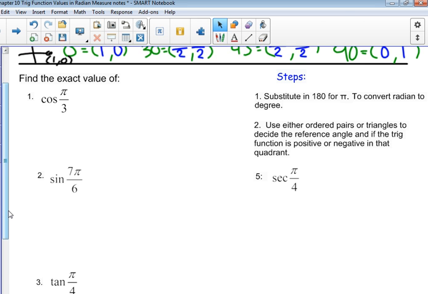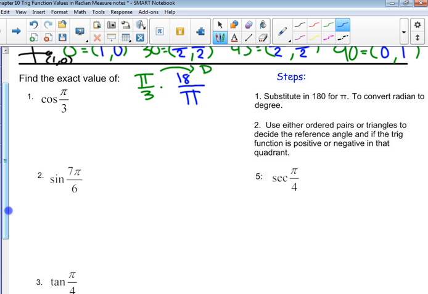To do our conversion, if we're going from radians into degrees, we want the pi to be in the denominator, and then we can cancel out the pi. So it's really like saying 180 over 3, which is 60.